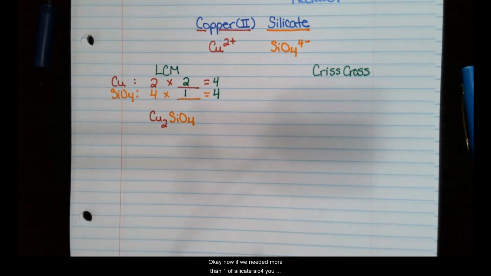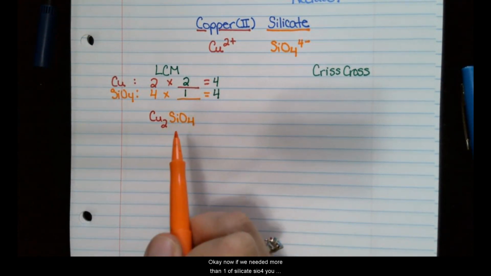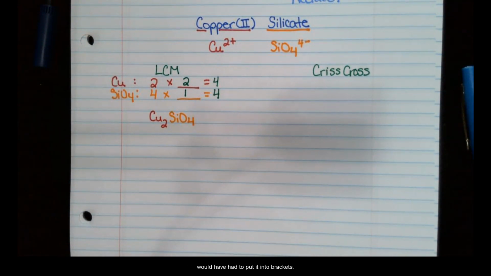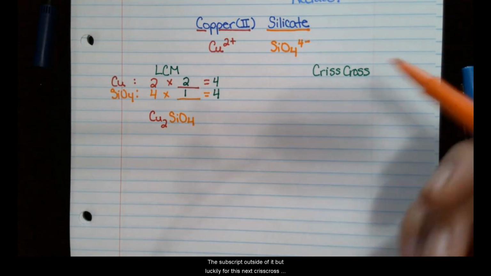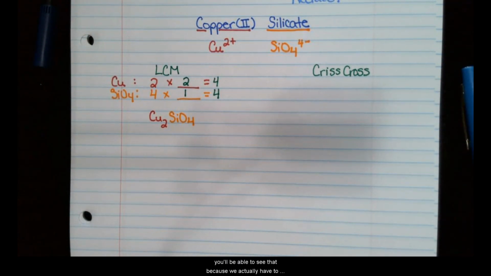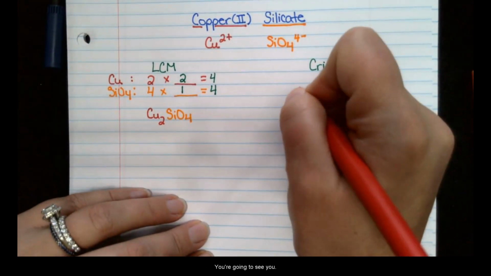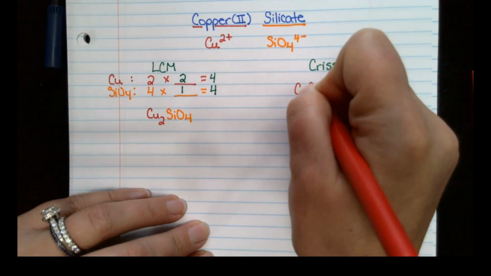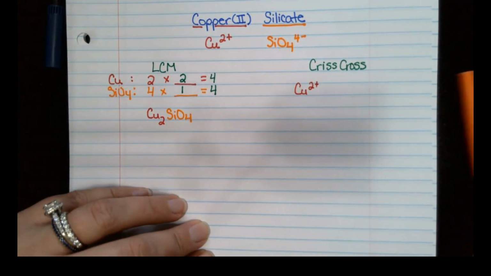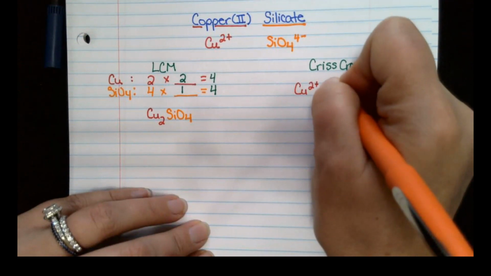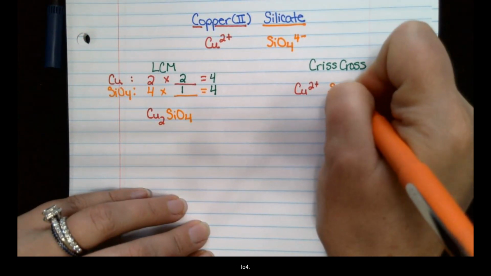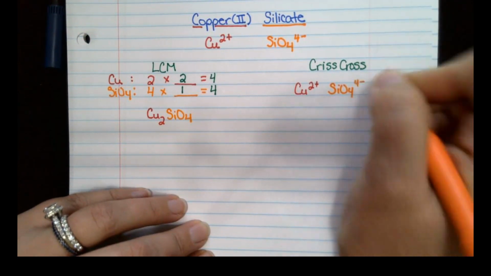Okay. Now, if we had needed more than one of silicate, SiO4, you would have had to put it into brackets and put the subscript outside of it. But luckily for this next crisscross, you'll be able to see that because we actually have to do that in one of the steps. So for this crisscross, you're going to do Cu2+, and we're crisscrossing it, or making a compound with SiO4, 4 minus, and that's silicate.